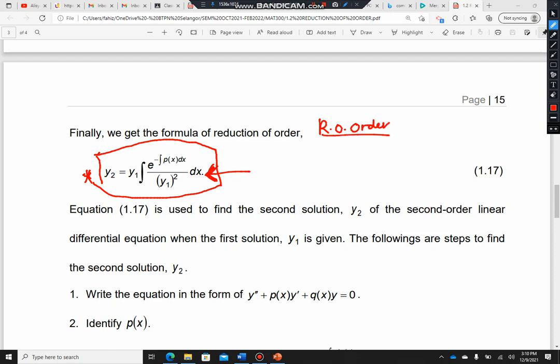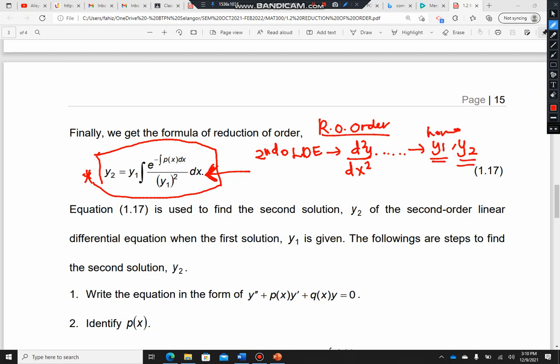Saya terangkan sebelum ni, untuk second order linear differential equation, dia akan bagi dalam bentuk yang ni, second derivative. So awak solve untuk dapatkan y, so dia akan ada two solution which are y1 and y2. So kita dah tengok tadi topik homogeneous, awak akan dapat y1 and y2.